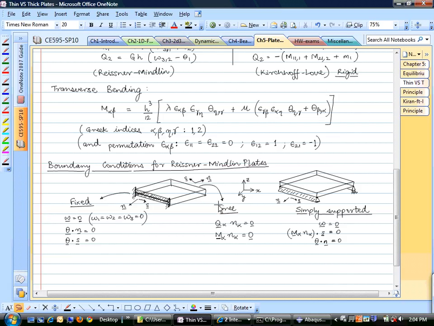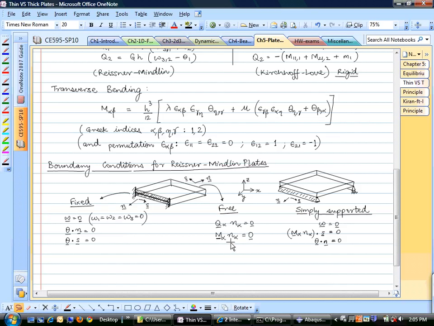Similarly, we have a free edge boundary condition. This pretty much says that the shear force, or this Q alpha, which actually includes all the in-plane forces and the out-of-plane shear force, dotted with this normal vector has to be 0. So shear on this face has to be 0.